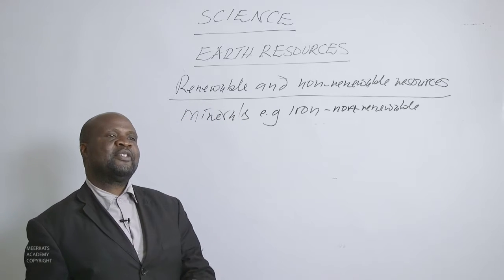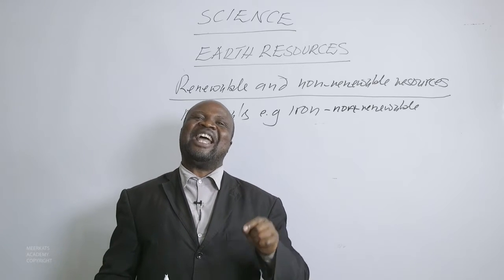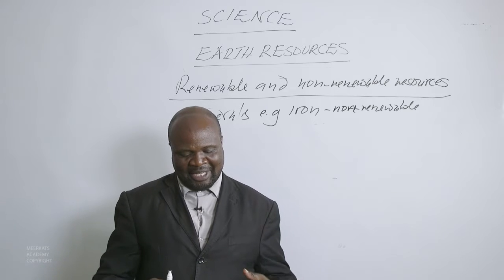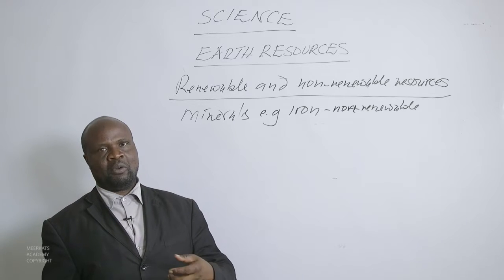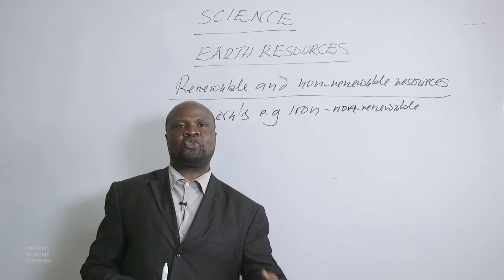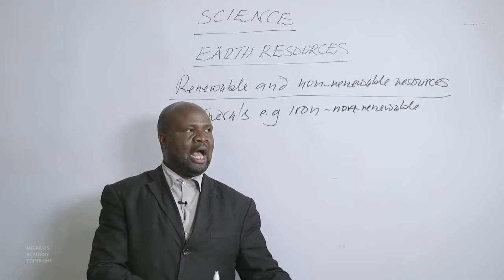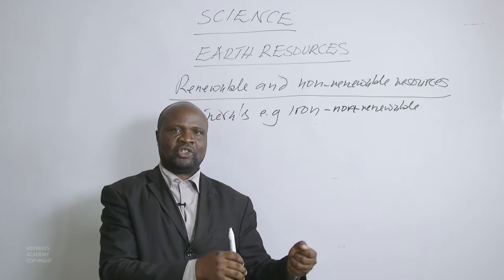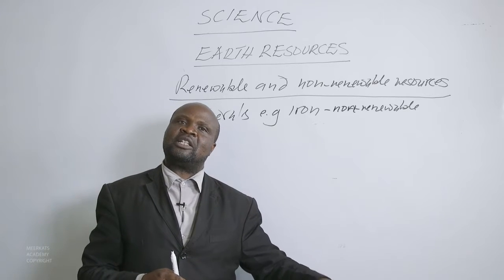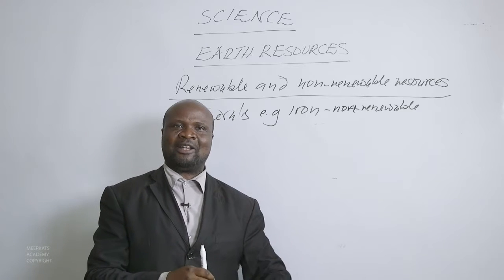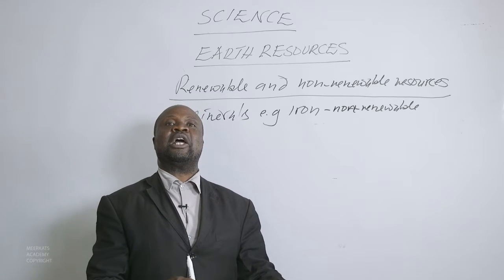What are we saying? A renewable resource is one which is replaced by a natural process at about the same rate at which it is being used. For instance, if we give the example of a tree, maybe you are going to cut trees for the sake of getting timber. As long as you are cutting these trees to get timber, and you are planting other trees to replace the ones you are cutting, so that the population keeps almost the same, then we say it is a renewable resource.